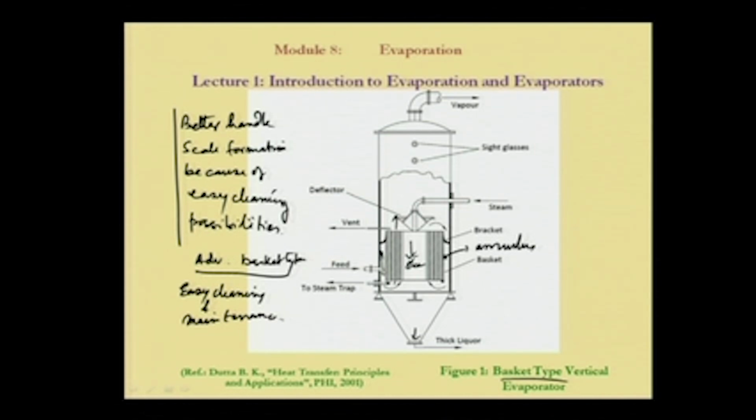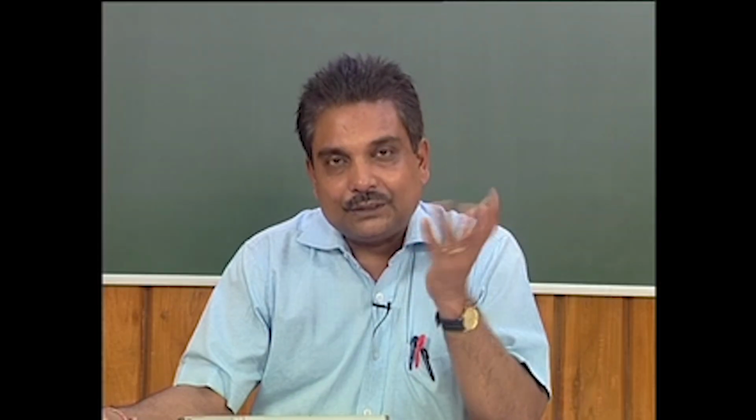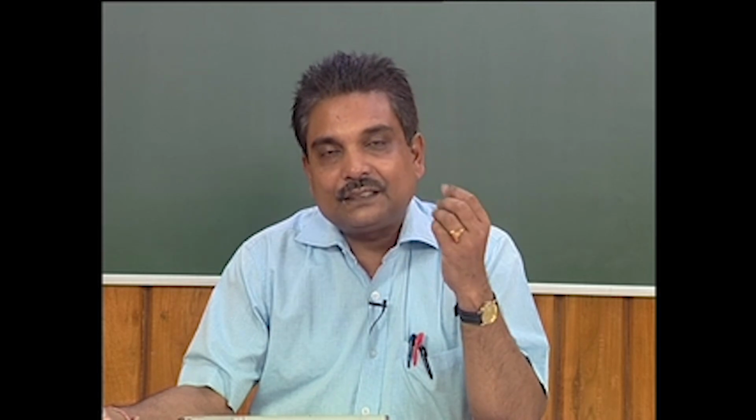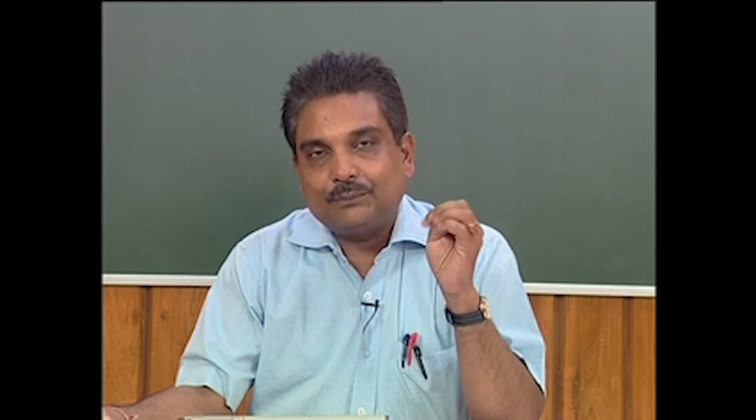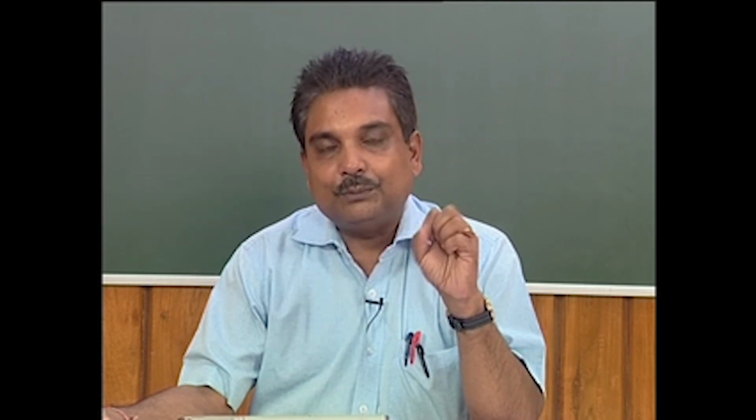So, this is that short tube vertical evaporator, that is again that basket type evaporator, which is being used for natural circulation purpose, and we have seen that there are three types of calandria. It is a normal simple calandria type, another one is with a propeller arrangement, another one is with a basket arrangement. In case of propeller arrangement, the propeller is just to increase the speed of circulation, that takes care of any kind of scales being deposited over there, allowing them to be suspended.